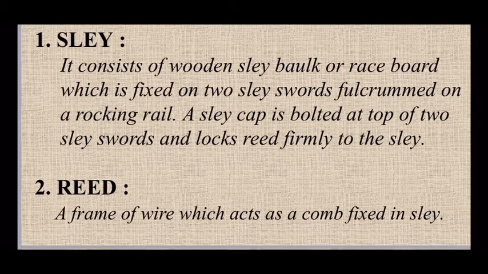So the sley swords along with the sley move forward and backward with reference to the rocking shaft. A sley cap is bolted at the top of the two sley swords and locks the reed firmly to the sley. So this is fixing the reed on the sley.